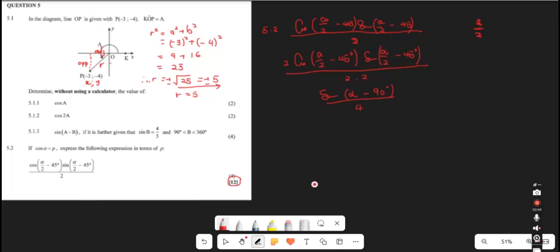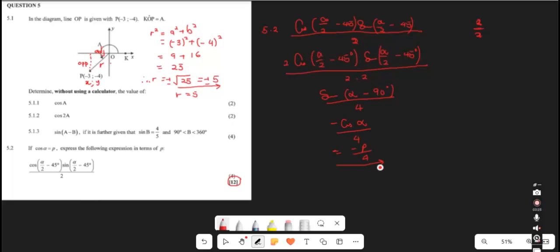Am I making sense to someone? Therefore, sine of (beta minus 90) is minus cos of beta, all over 4. And remember, they said cos of beta is equal to p. So now I have minus p all over 4.